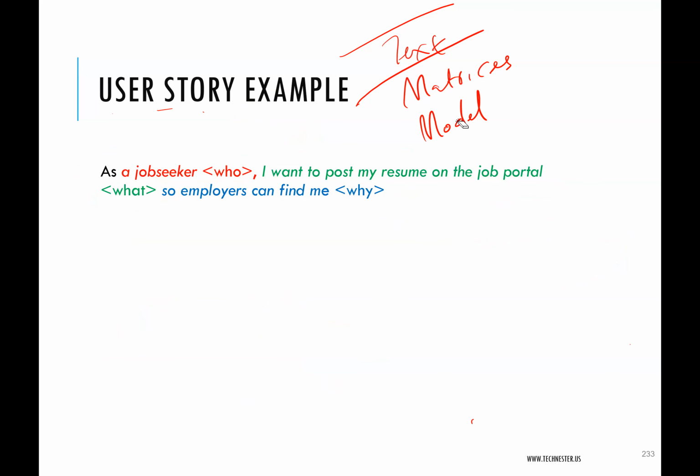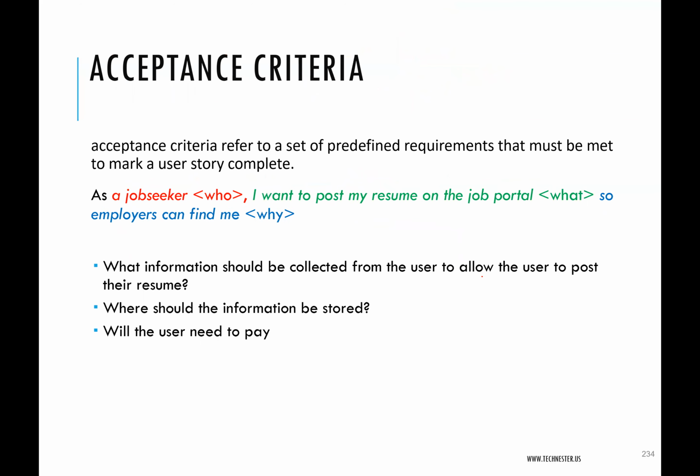Now you say, okay, we have the functional requirements, but that's just half of the solution requirement. What about the second half? The second half is, for every user story you write, you must write an acceptance criteria.